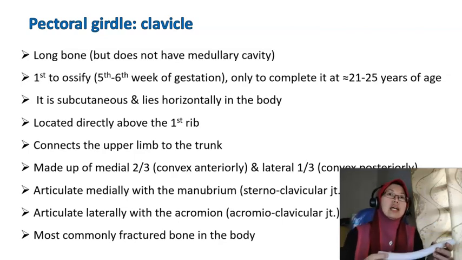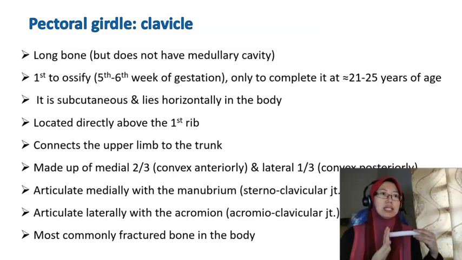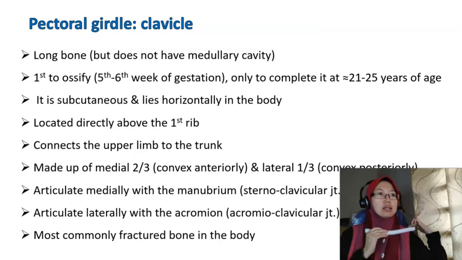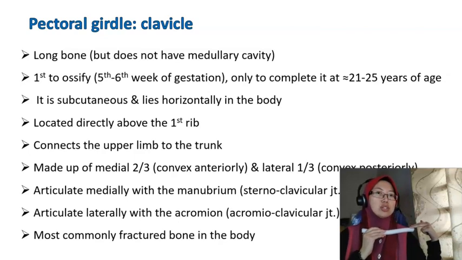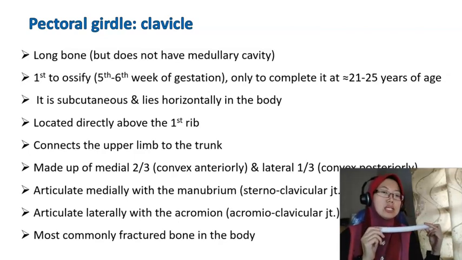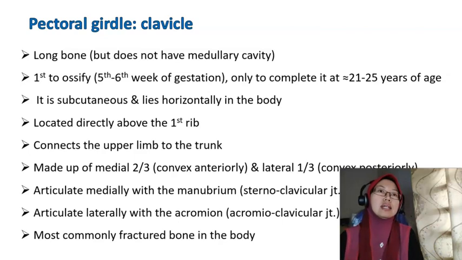And it articulates medially to your sternum by sternoclavicular ligament forming the sternoclavicular joint, and articulates with scapula laterally by acromioclavicular joint. There's acromioclavicular ligament that connects these 2 bones forming acromioclavicular joint. And this bone is the most common fractured bone in the body.